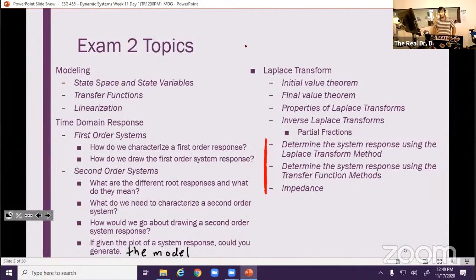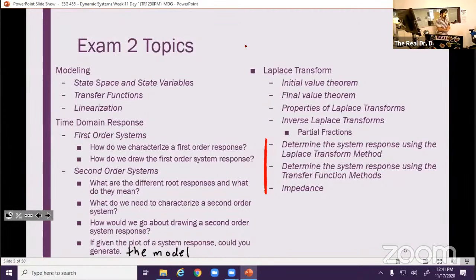Otherwise, it's not the transfer function. So you determine the transfer function in the general form, which we'll talk about in a little while. In general, it's just the ratio of the output to the input. Then you multiply the transfer function times the Laplace transform of your input, then do the partial fractions, and then the inverse Laplace transform.